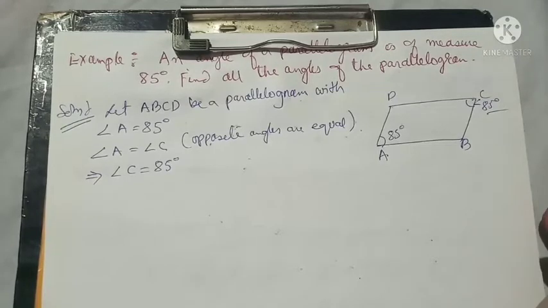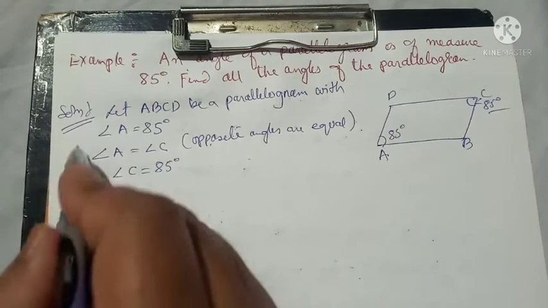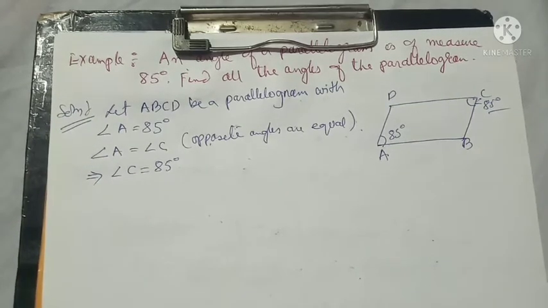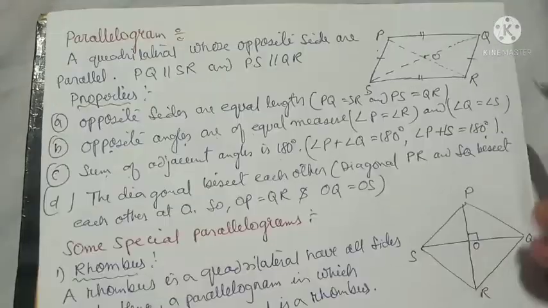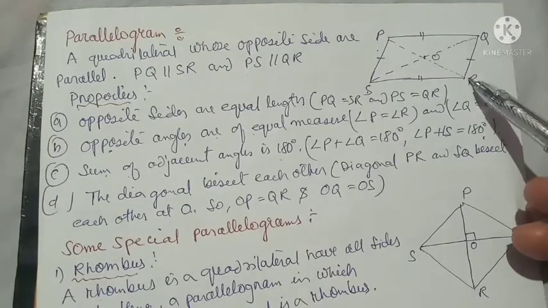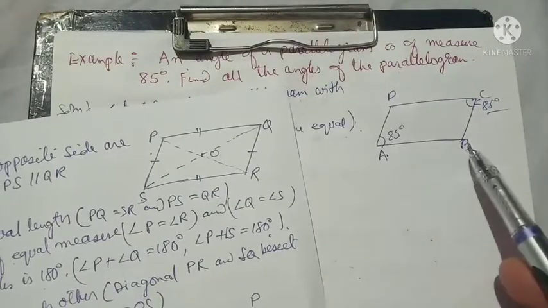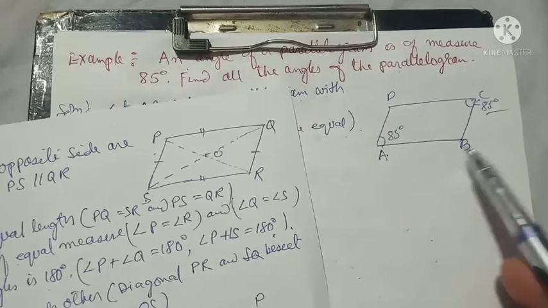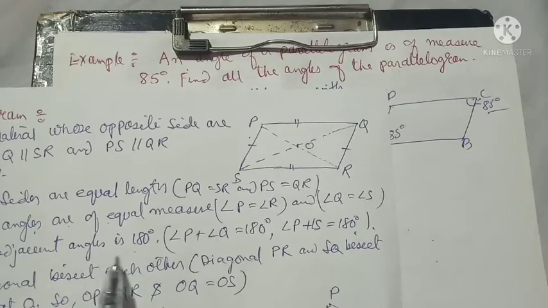And the next one, according to the properties of the parallelogram, the sum of the adjacent angles is 180°. That means P plus Q equal to 180°. So we can say here angle A plus angle B is equal to 180°. According to the properties of parallelograms, the sum of the adjacent angles is equal to 180°.